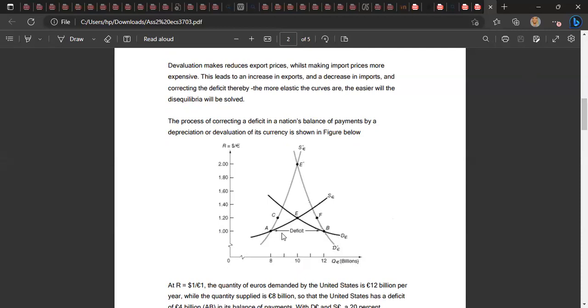So this is the demand of foreign currency and the supply of foreign currency. When the demand of foreign currency is a lot higher than the supply of foreign currency, what causes this demand to be high?